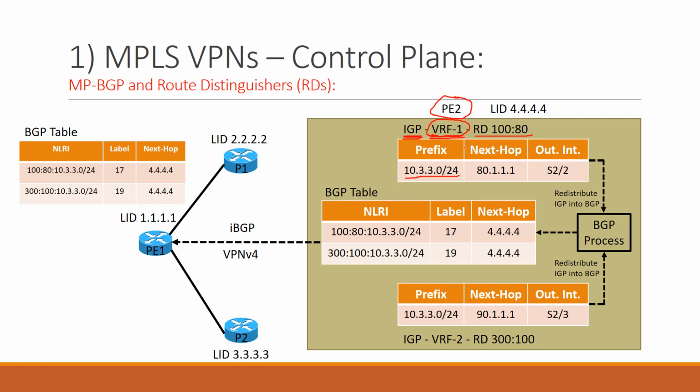We will see this in the configuration. So any learned routes by the IGP will be stored in this VRF. That's why 10.3.3.0/24 came in VRF1. And similarly, 10.3.3.0 from Enterprise 2 came in VRF2 by the IGP.